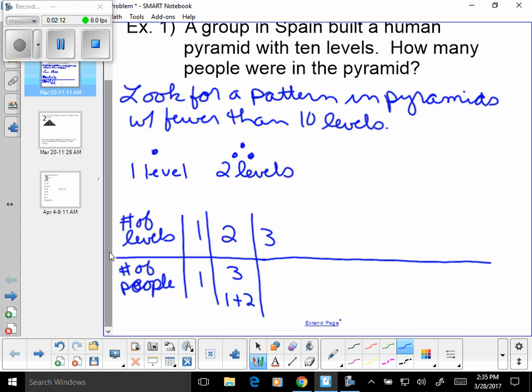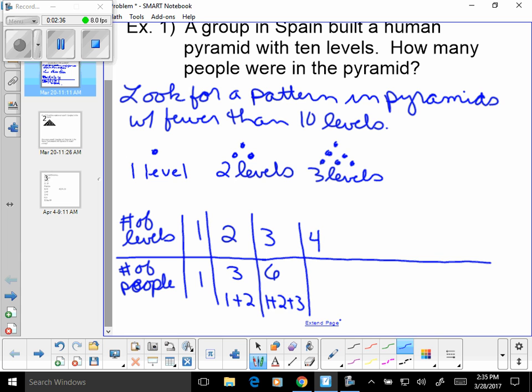Let's say we're going to move on to 3 levels. Our lowest level would have 3, then we'll have 2, then we'll have 1. We'll count them. How many people are there? 6. And if you'll notice, it's our number of levels, 1 plus 2 plus 3, all added together.